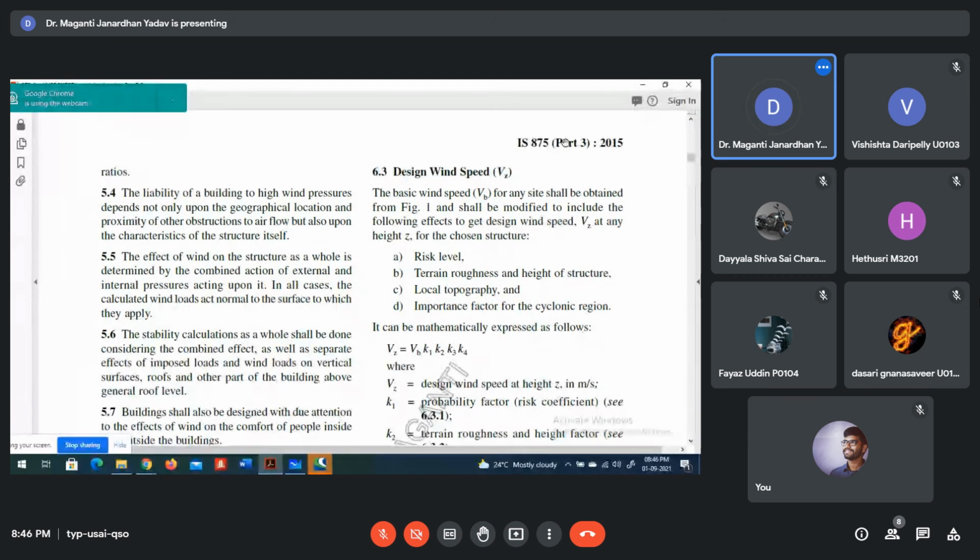This is the code. See, this is the basic wind speed.